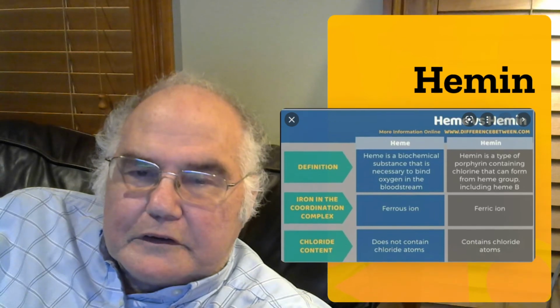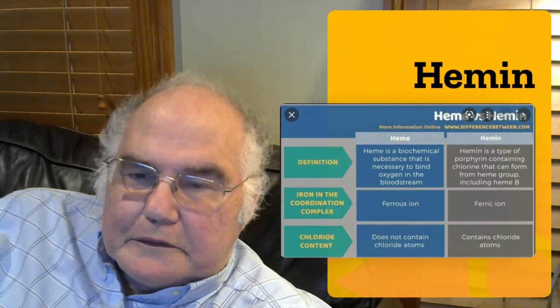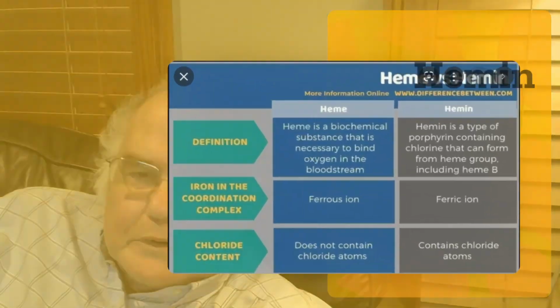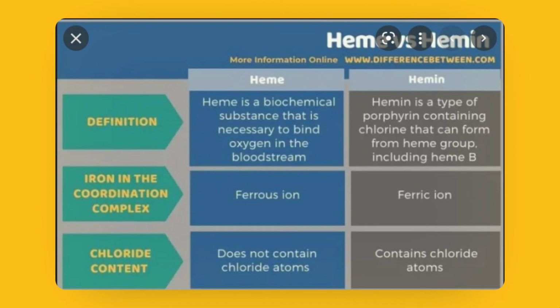And there is a medicine, Heme, which also stops those enzymes. So Heme is a type of porphyrin, but it contains ferric instead of ferrous ion and chloride, and it inhibits the whole porphyrin/heme synthesis pathway.